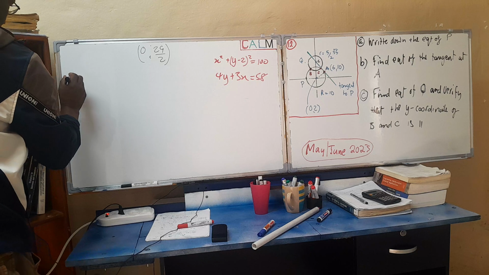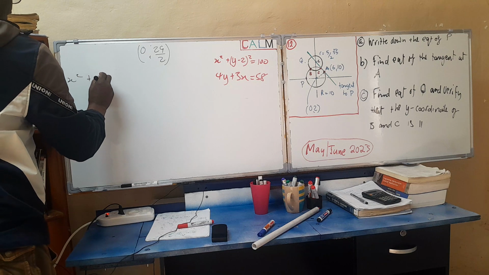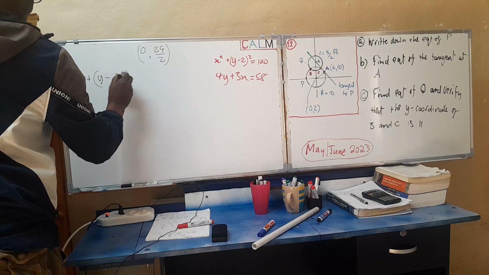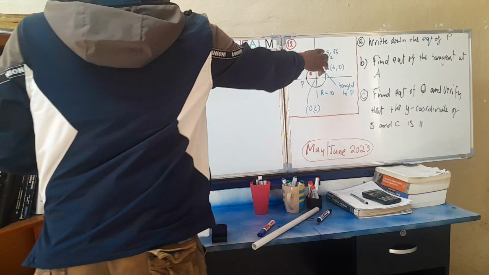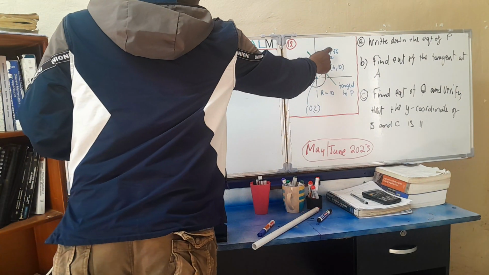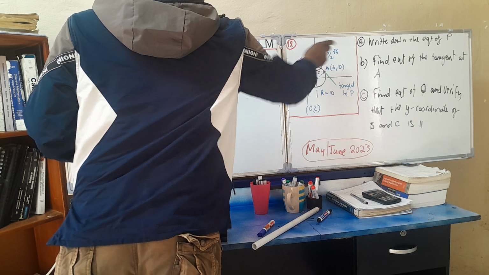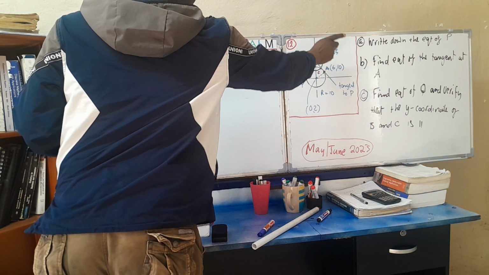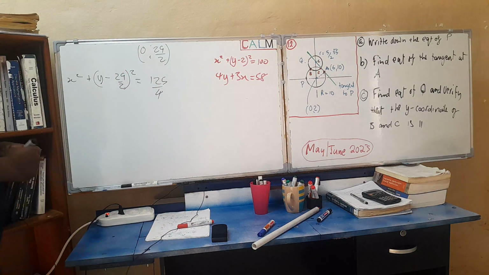In this case, it's x squared, because x1 is 0, plus y minus y1, which is 29 over 2, all squared, is equal to the radius we are given here, small r, which when we square it, is 5 root 5 squared over 4, that is 25 times root 5 squared. Root 5 squared, of course, is 5. So it's 25 times 5, which is 125 over 4. So we get 125 divided by 4.